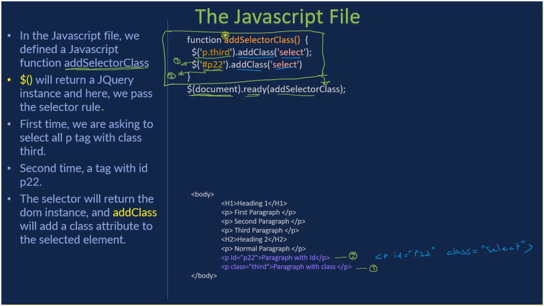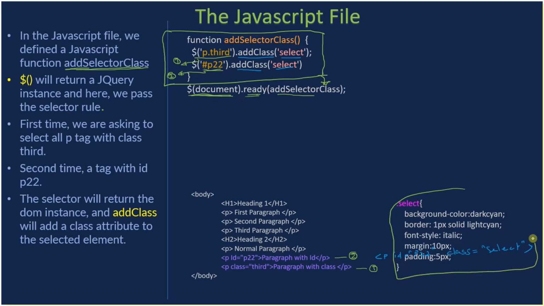So when document is ready, what happens? It will walk through the DOM tree, pick the elements specified by P.third and #P22. Then to those picked elements, it adds the class attribute select. And we know the CSS rule for the select, right?